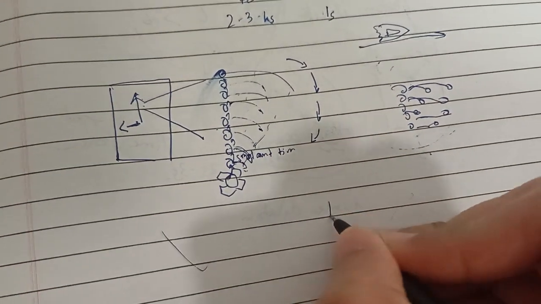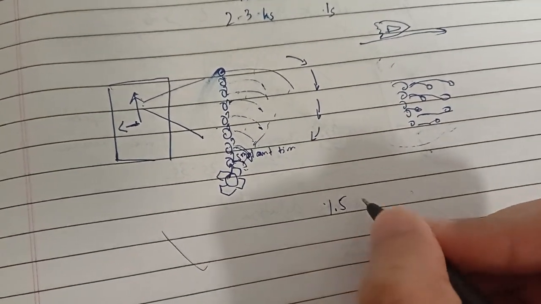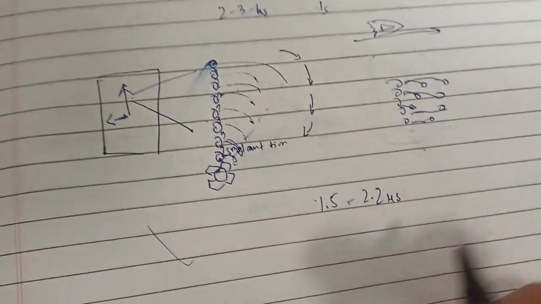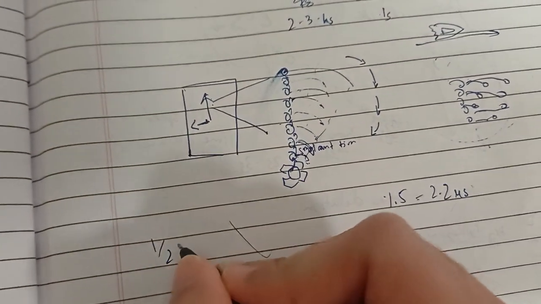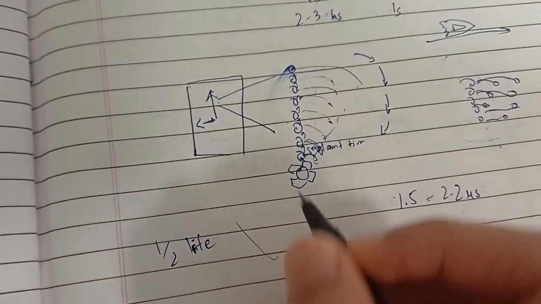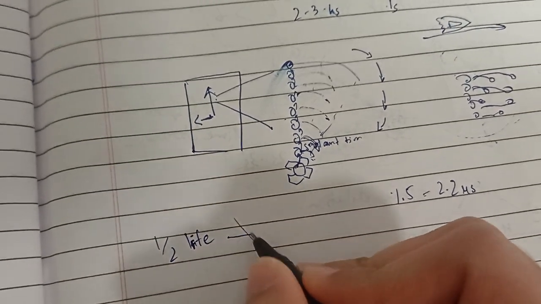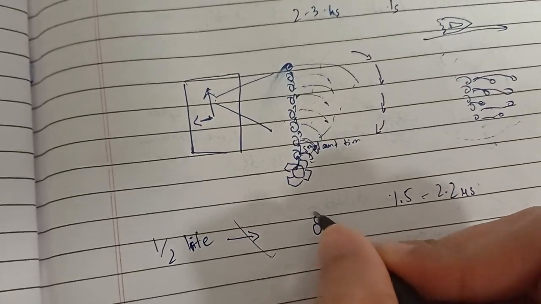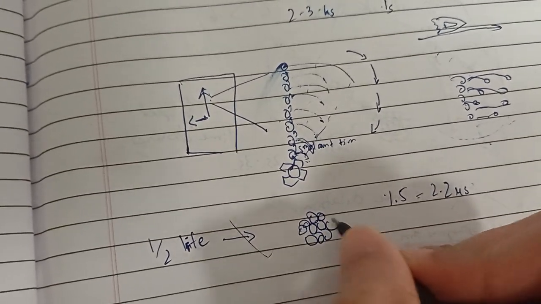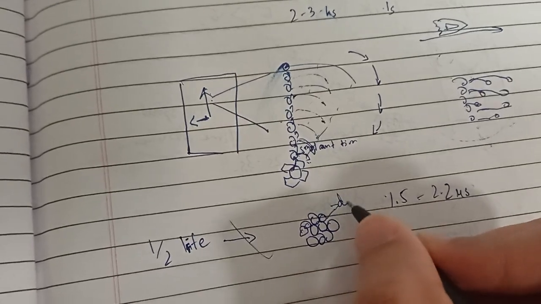So usually muons have a half-life of like 1.5 to 2.2 microseconds or something. And half-life basically means, imagine you have a radioactive atom which has a lot of nuclei. Eventually, these nuclei are going to decay by themselves.